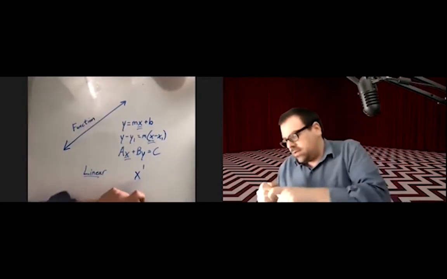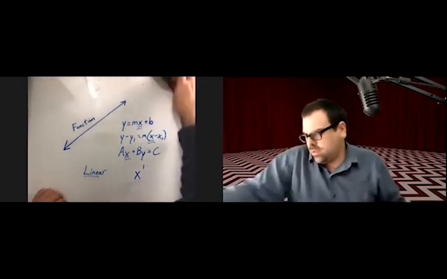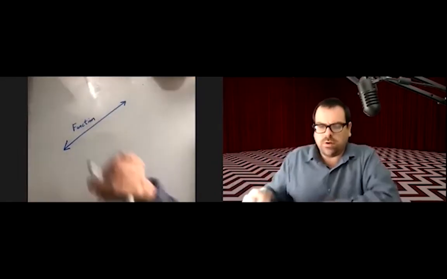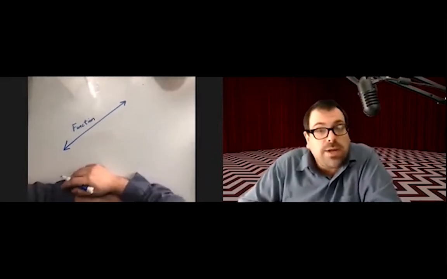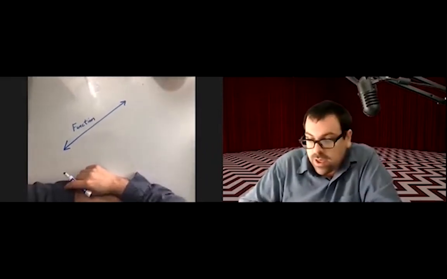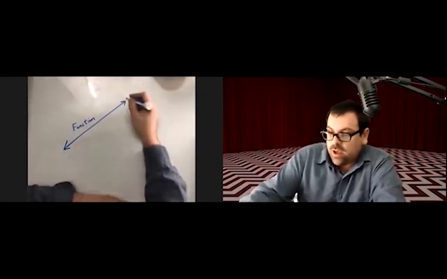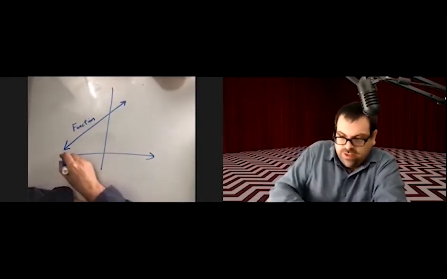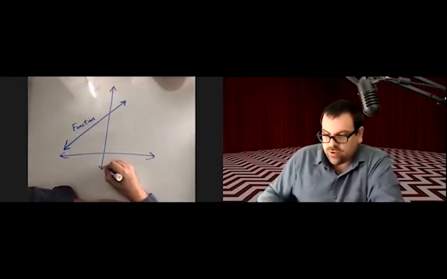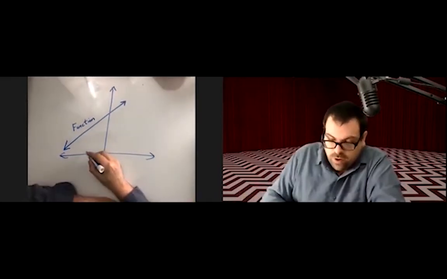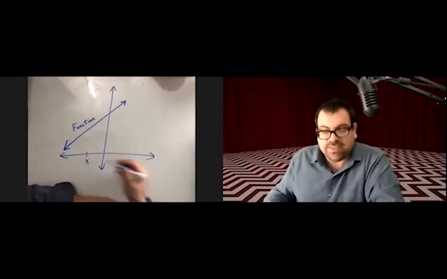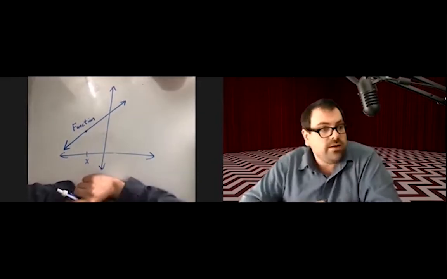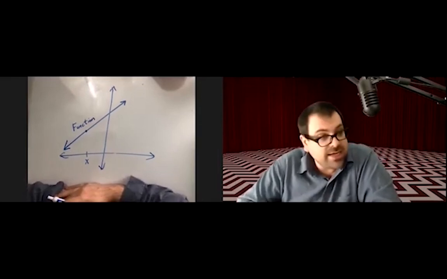is going to be a function. A function has no repeating x values. In other words, if this were on a larger graph, for whatever this x value is here, there will be no more than one point on the line that satisfies that.